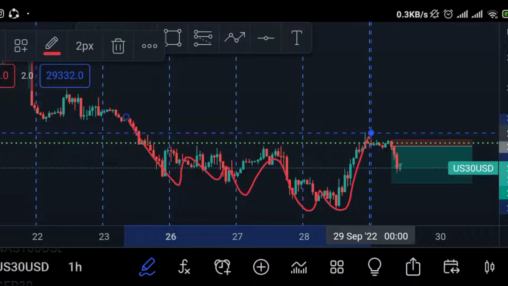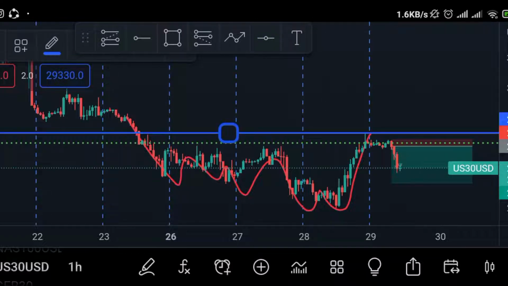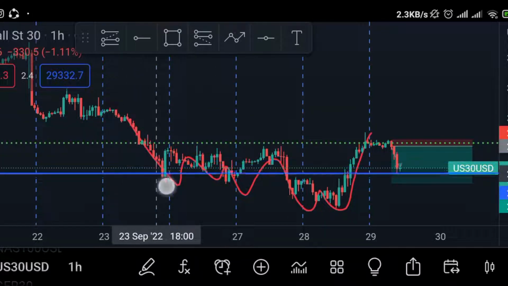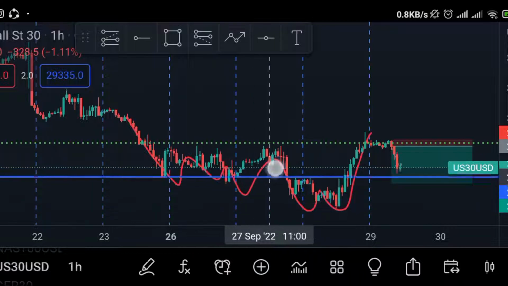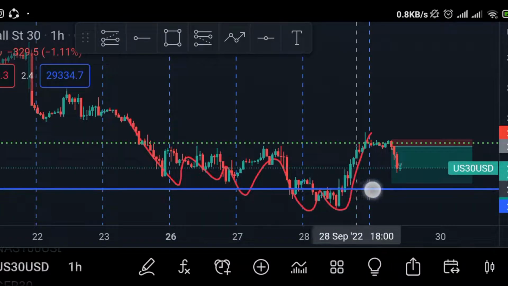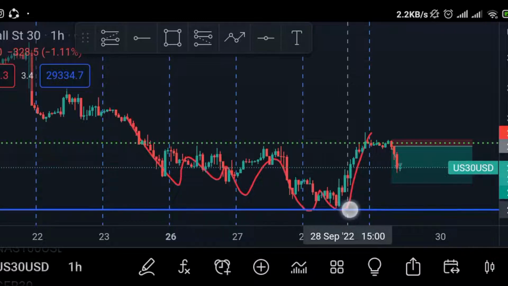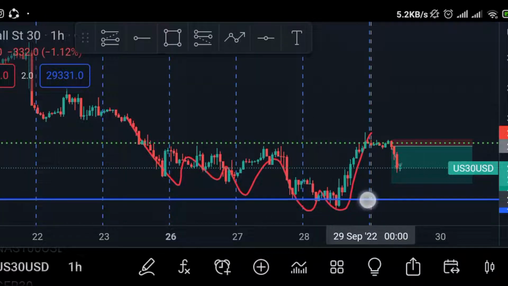I looked at how price moved: it made a lower low, a lower high, a lower low, a lower high, and so on. It made a lower high and then did make a lower low, but it wasn't as impulsive as the others, so we might not regard it as significant.